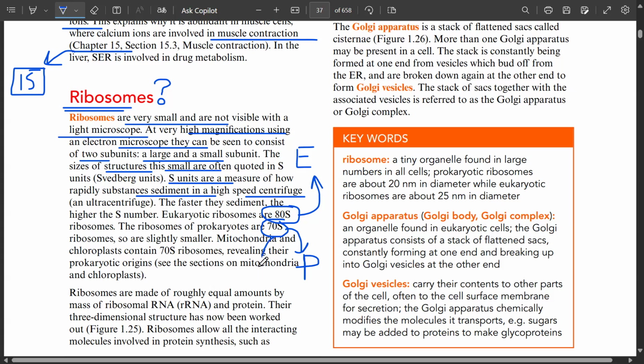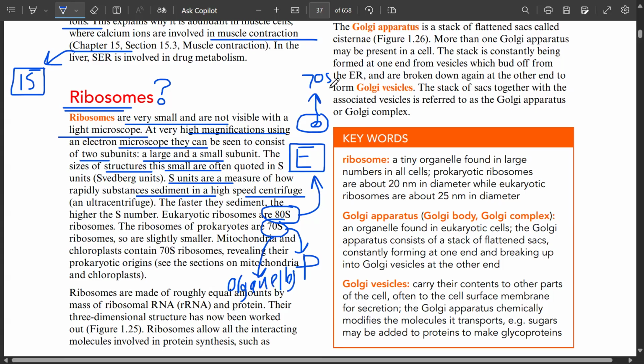Plus, these 70S ribosomes are a bit smaller and hence they are also present in certain organelles. Now you must be thinking that if 80S are present in eukaryotes, eukaryote cells contain 80S ribosomes, but eukaryote cell organelles contain what? 70S. Is it clear? It's a bit confusing.